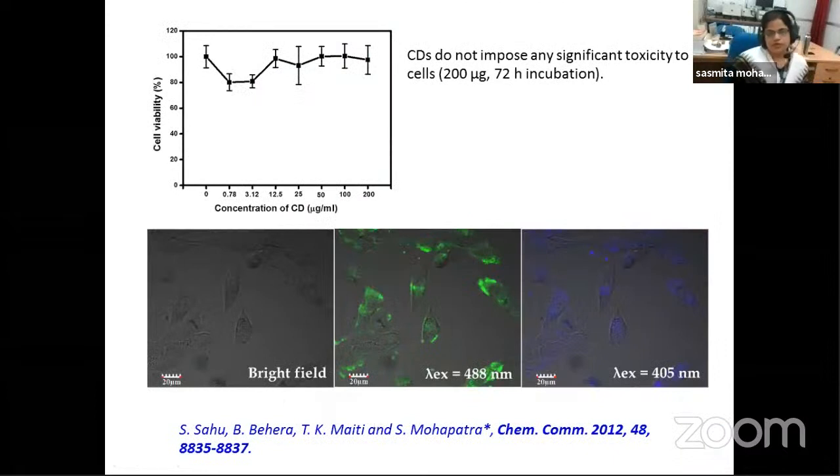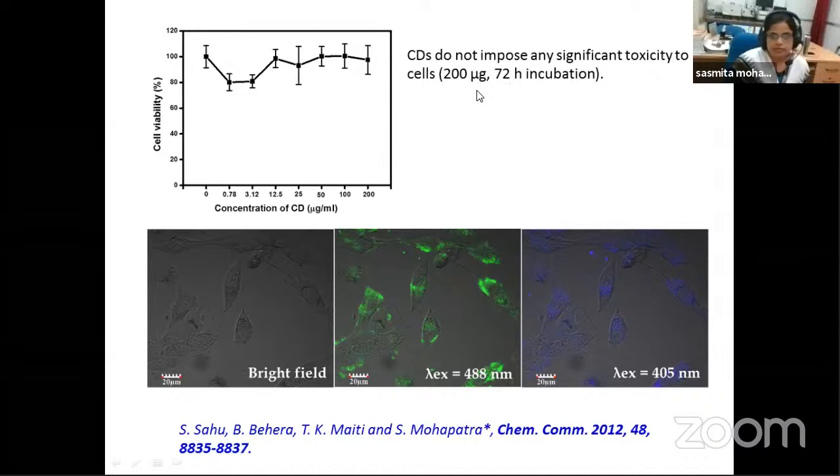Then we verified the cytotoxicity of this quantum dot, and we found that it is tolerable up to 200 microgram even after 72 hours of incubation.